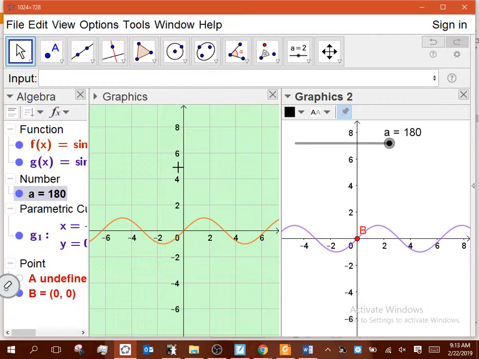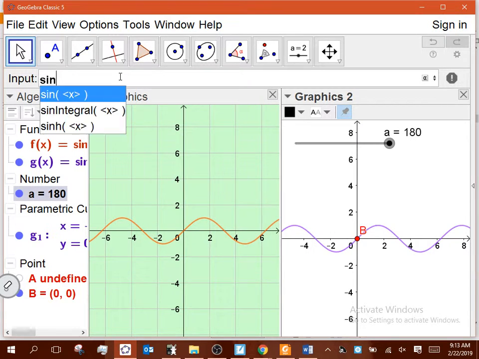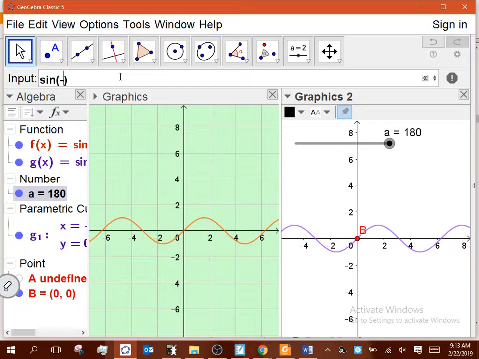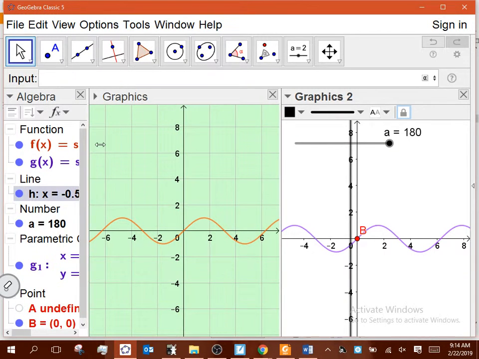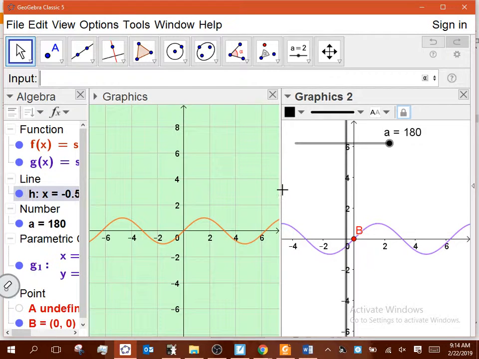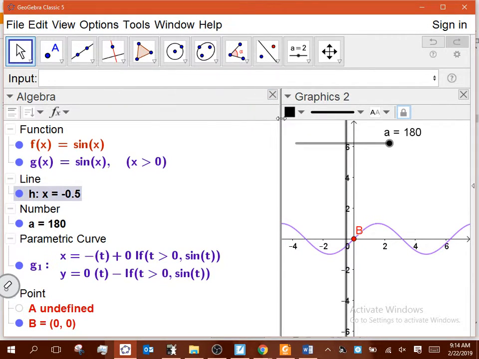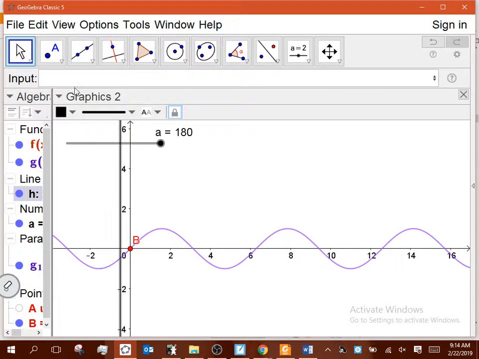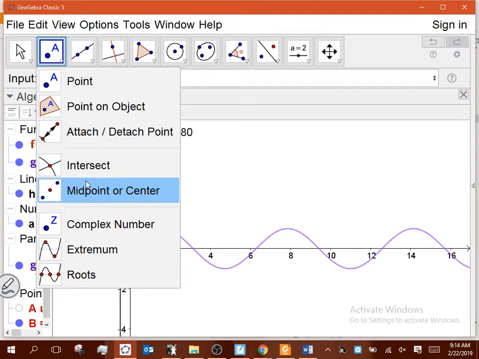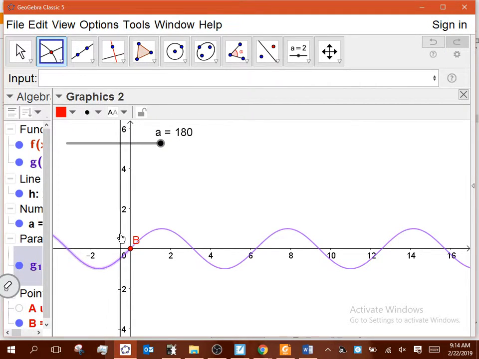If I'm looking at sine of negative, let's just say pi over 6, and I want to make that a vertical line, so I'm looking at this curve here. Essentially the sine of negative pi over 6 is going to be the y value of where that curve and that line intersect.